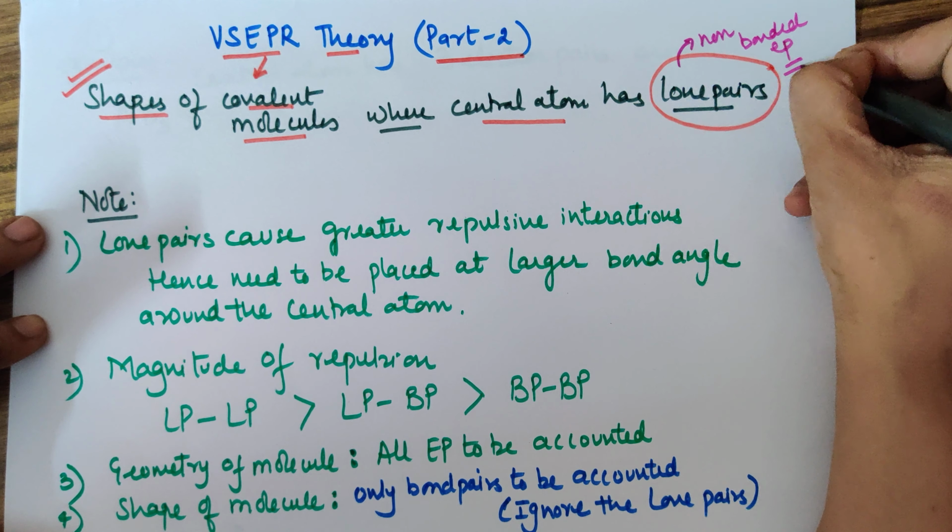repels them strongly. So representing this with ammonia, this is my nitrogen. I have 3 bonds with hydrogens in 3 dimensions. This is the plane, and I have 1 lone pair on nitrogen. As already said, lone pair-bond pair repulsion is greater than bond pair-bond pair repulsion.